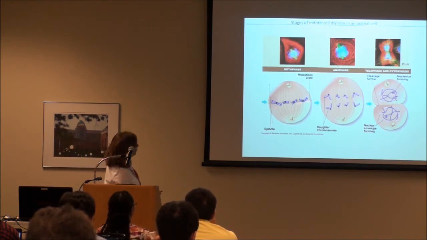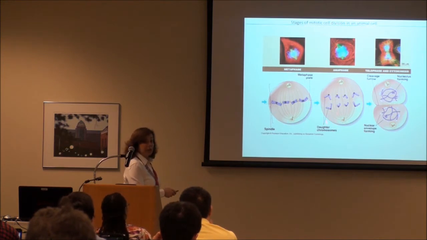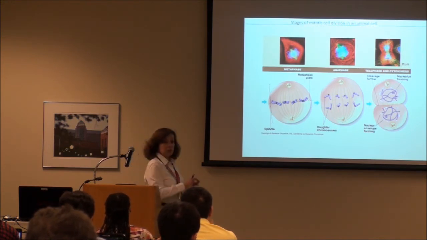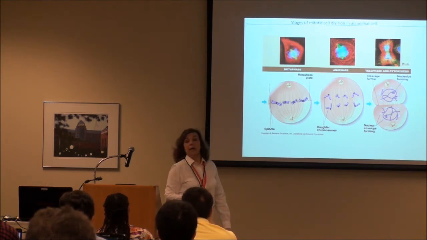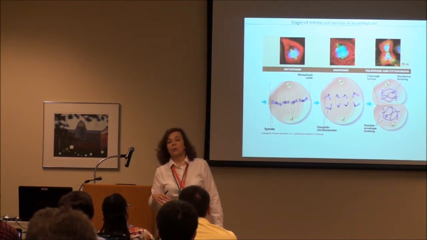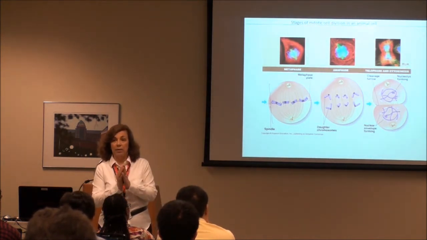So during the metaphase, they're nicely lined up. In the anaphase, they divide, they separate, and move toward the opposite sides of the cell. And as the final, actually less important phase, we have the cytokinesis, or the division of the cytoplasm itself.